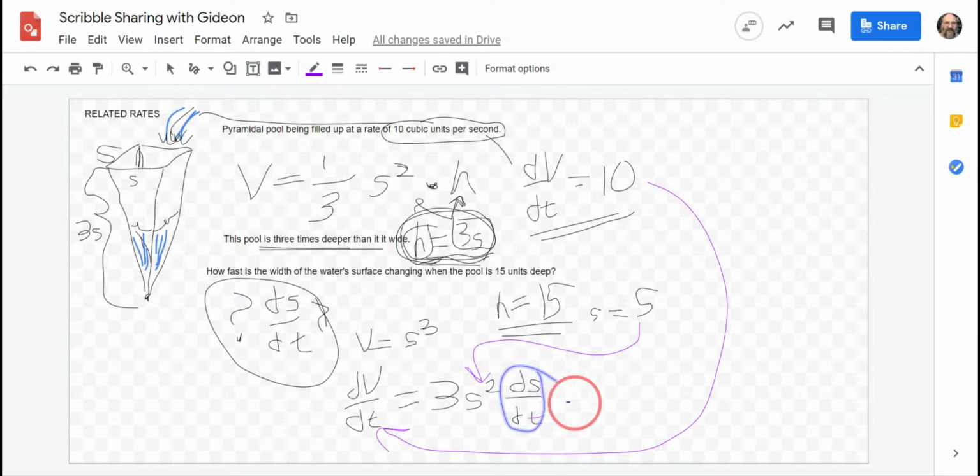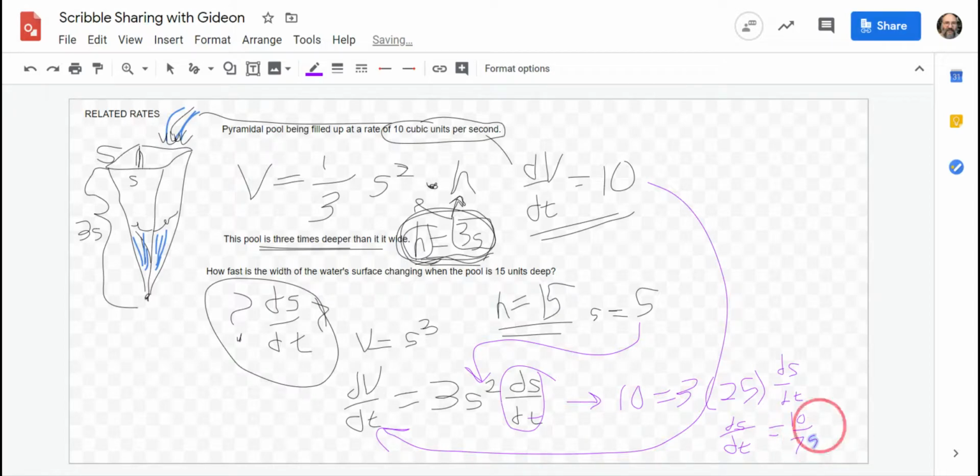So this transforms itself into the equation 10 equals 3 times 25, right? I'm not going to write down 5 squared. I'll just write 3 times 25 over here. And ds/dt, right? That's the thing I'm looking for. And I don't think it's too hard for you to see ds/dt equals 10 over 75, which we can swiftly reduce to 2 over 15.